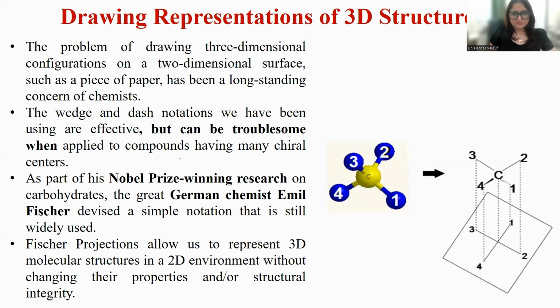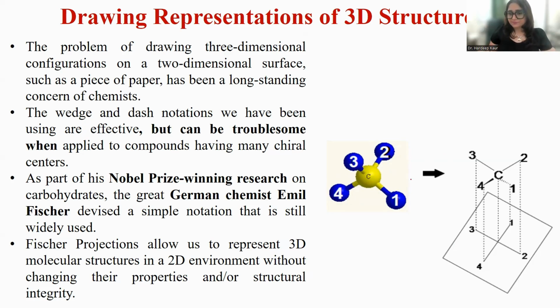It's very difficult, but don't worry. The German chemist Emil Fischer devised a very simple notation, which is widely used nowadays, and which allows us to represent the three-dimensional molecule in a 2D environment without changing its properties.